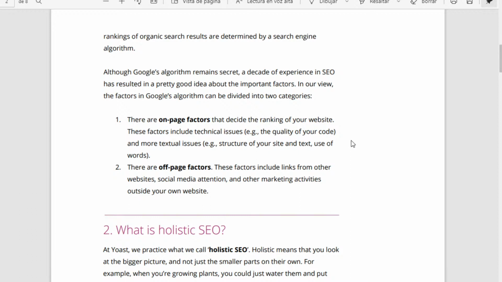These factors include technical issues, e.g., the quality of your code, and more textual issues, e.g., structure of your site and text, use of words. 2. There are off-page factors. These factors include links from other websites, social media attention, and other marketing activities outside your own website.